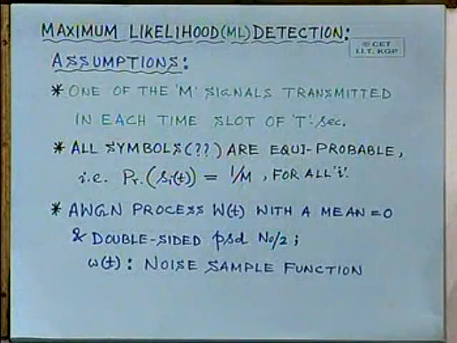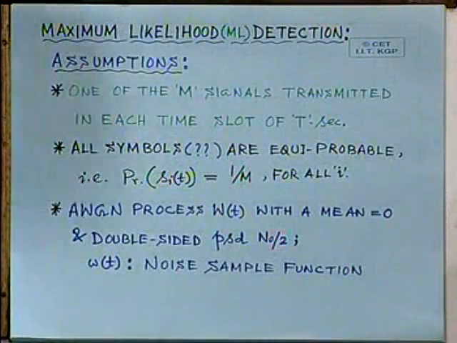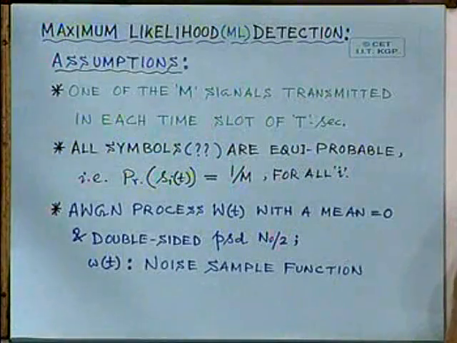Now, some of the assumptions I have listed at the beginning, we have discussed a few of these already. By this time it should be clear that the basis of the design of the transmitter as well as the receiver is that we will consider M symbols, capital M number of symbols.